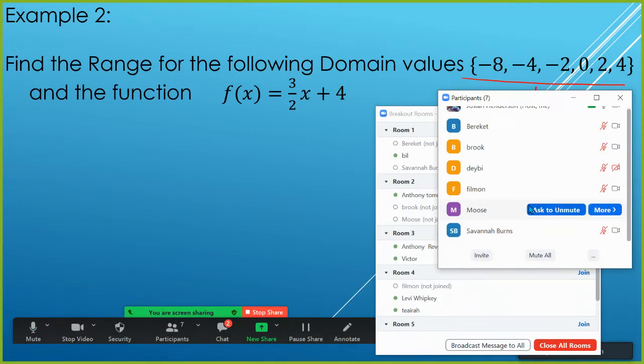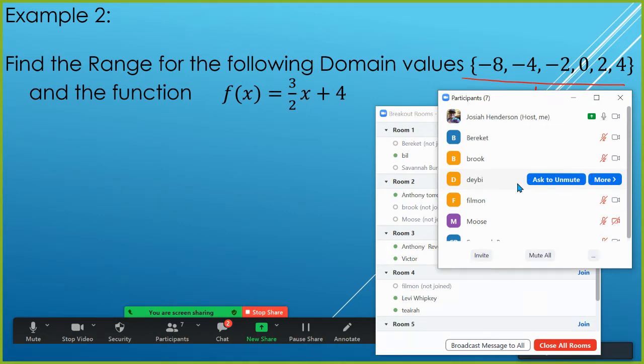Okay, so let's see here. Savannah, are you there? Can you hear me? Or Moose, can you hear me, Moose? How's it going? And how about Brooke? Brooke, are you there? How's it going, Brooke? Okay.